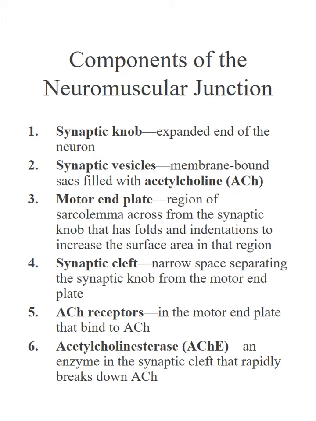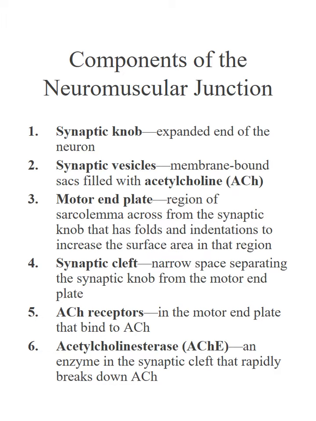Acetylcholine receptors are found at the motor end plate and act like doors that are normally closed, but will open when acetylcholine is released from the synaptic vesicles of the synaptic knob. Acetylcholinesterase is the enzyme found within the synaptic cleft, and it rapidly breaks down acetylcholine so that we don't have continuous stimulation of muscles.